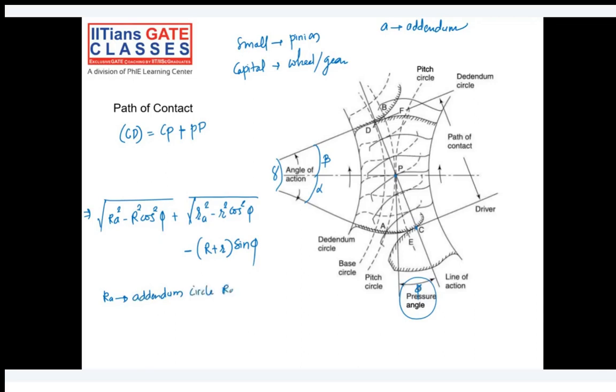So small ra will be the addendum circle radius of the pinion. What is small r? Small r is the pitch circle radius of the pinion.